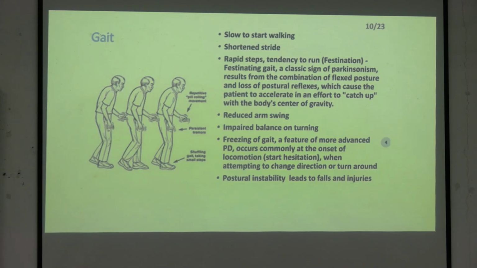This is another type of gait, called Festinant gait, which occurs in Parkinsonism. There is reduced swinging and impaired balance. But in this slide, the most important thing is what type of gait you find in Parkinsonism: a Festinant gait. You should remember at least this term.